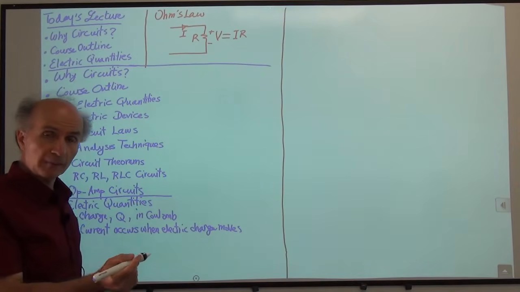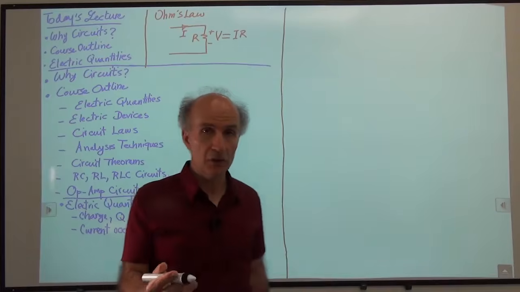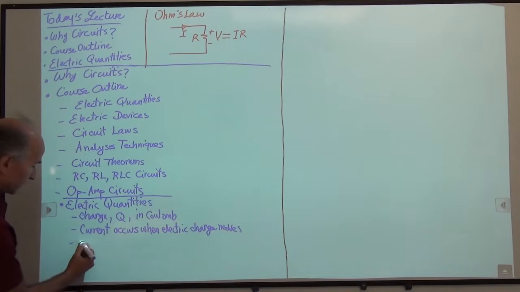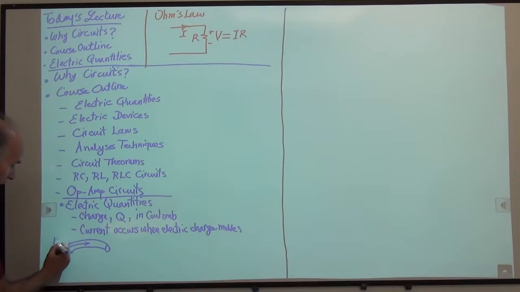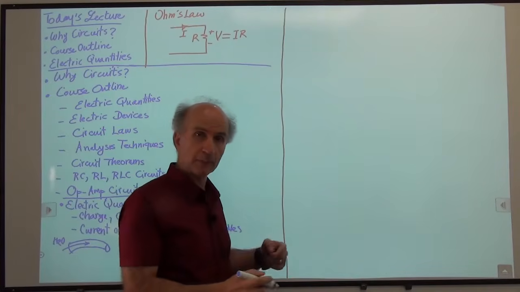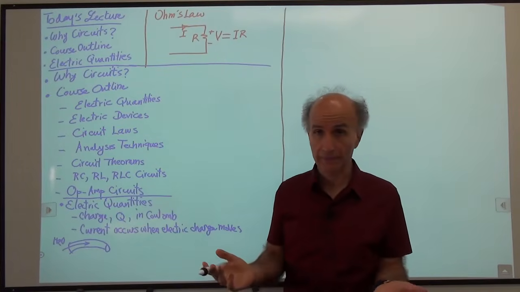Okay, and it makes sense. If we look at a water analogy, we can see that clearly. If you have a pipe of water, so here's a pipe, and we have water passing through it, so H2O. So we have water molecules passing through the pipe. That gives us a current of water.